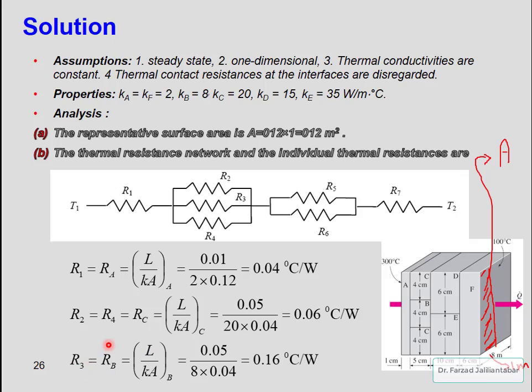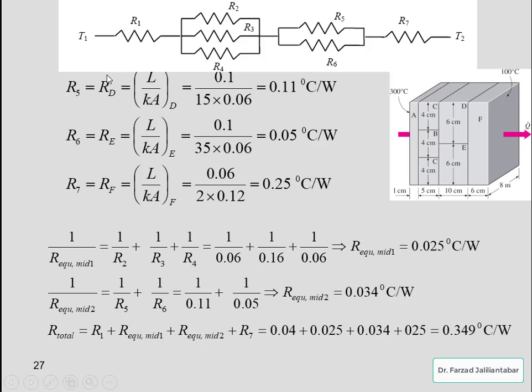We have a similar calculation for R3 or RB, thermal conductivity of material B. A is the same as C. K is different, the thermal conductivity of material B is 8. The thickness is similar too. Again, here you can see the thermal resistance for R5, which is for the material D here in the wall.